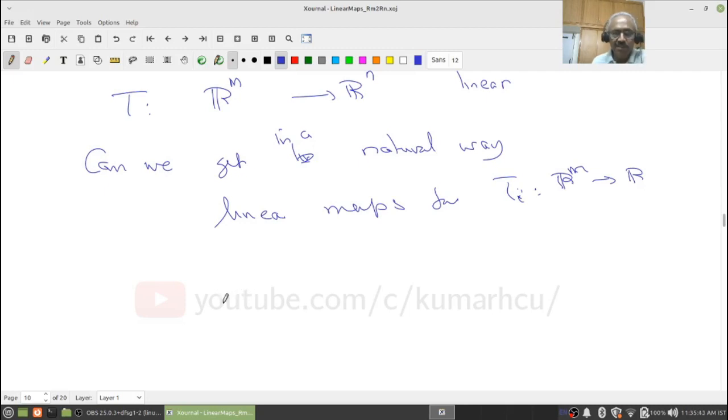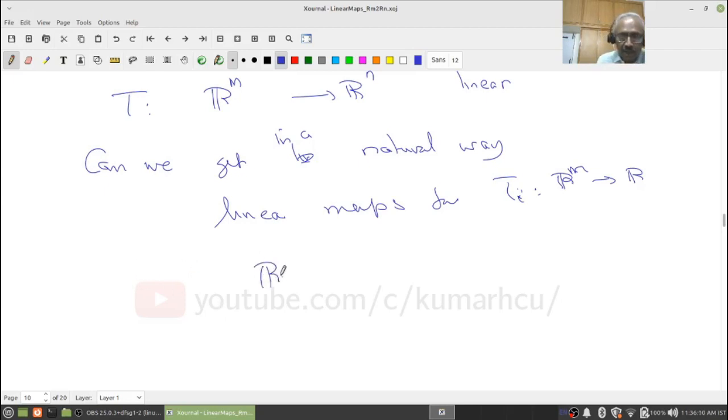The last result said composition of linear maps, and just before that I said there is an obvious linear map from Rn to R, which is the projection. So if you combine these two, you should be able to give me n linear maps from Rm to R. Given T a linear map from Rm to Rn, you should be able to give me n linear maps from Rm to R. How will you do that?